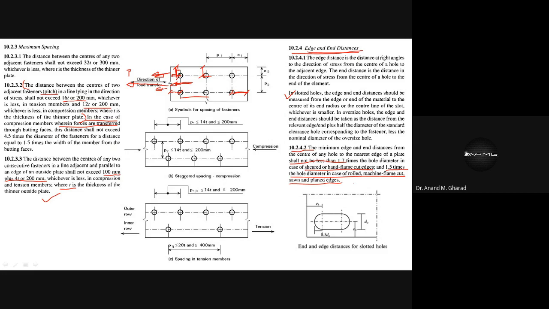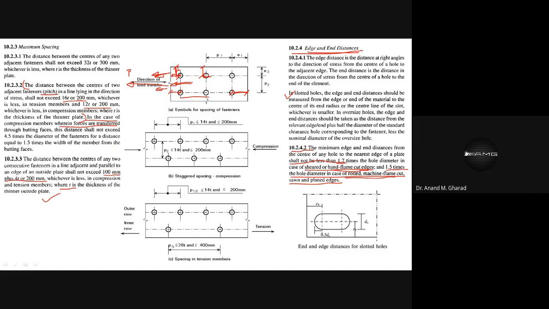So what happens? There are different methods to prepare the edges. Sometimes they are hand flame cut, okay? Sometimes they are rolled machine flame cut. So there are different methods which are adopted. Depending on those methodologies, IS code defines the minimum edge distance which has to be considered initially.